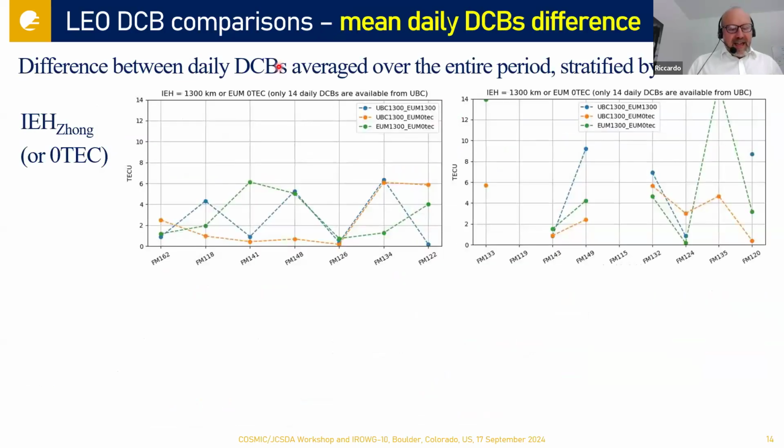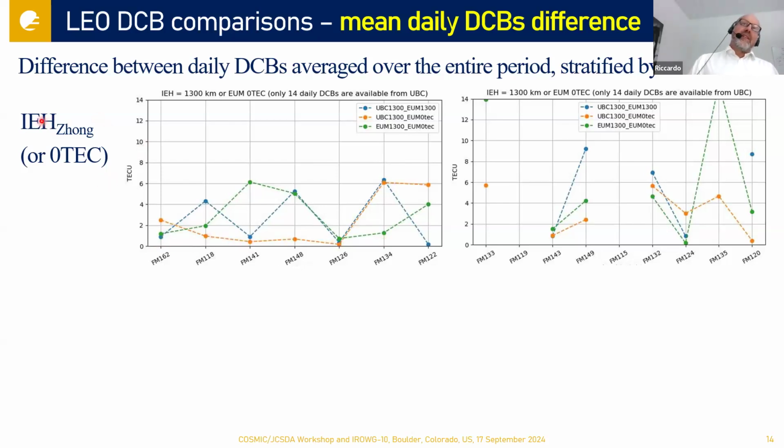Here, just to finalize, is a summary of this inter-center comparison, and we have taken all the possible combinations between DCBs estimated with two different approaches. We computed the difference and averaged the difference of the daily DCB over the entire period, and plot this satellite by satellite.